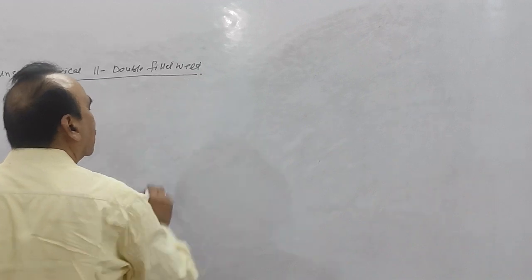Unsymmetrical parallel double fillet weld. What does it mean?